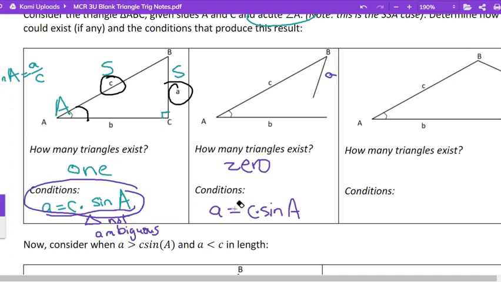So instead of saying equals, I'm going to change it to less than. A is shorter than the minimum requirement to connect and make a triangle. This version of A is the shortest possible value of A to actually make a triangle.